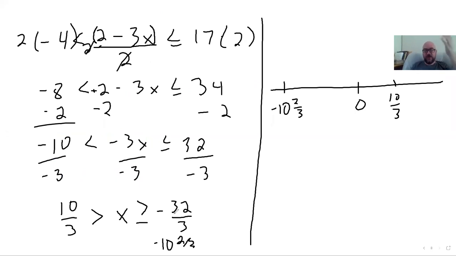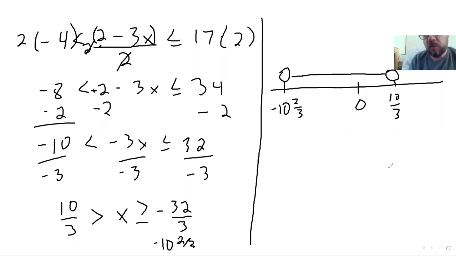And I want to think of this on a number line. So what I'm actually going to do is rewrite it flipped over. I want to rewrite it with less than signs so that it goes with what I'm trying to say here. So the way I want to think of this is that x is between negative 32 over 3 and 10/3. It's between these two numbers, right? So what I'm looking for is all of this stuff that's between them.